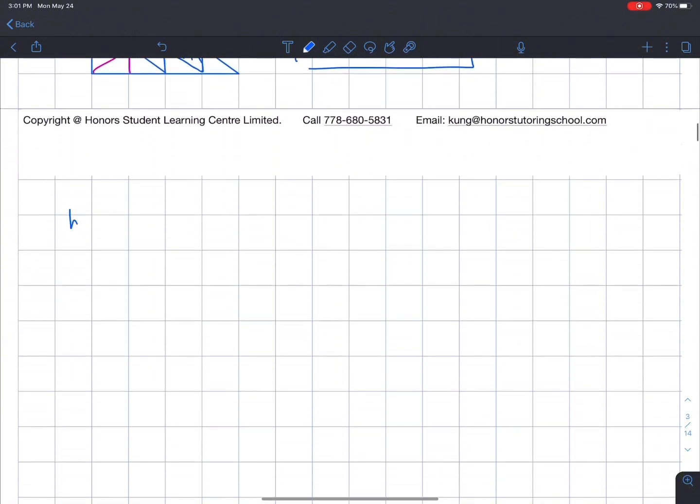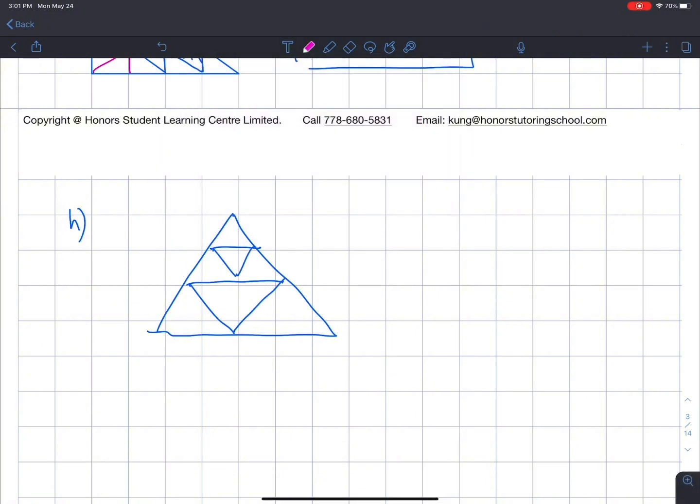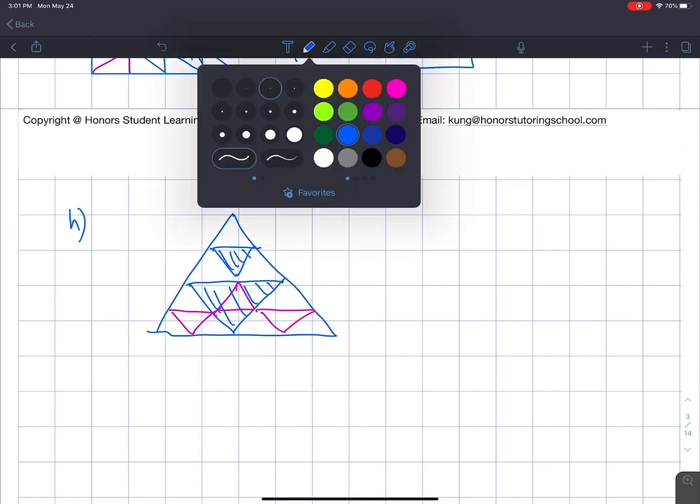Actually, it's the same idea. You just have to cut this into little pieces. Okay.